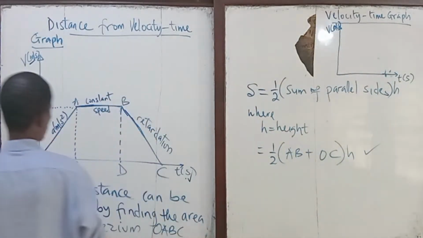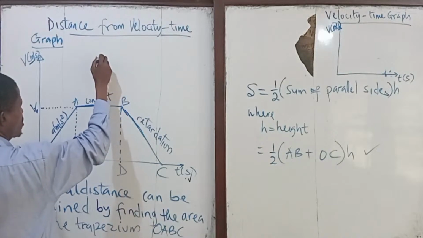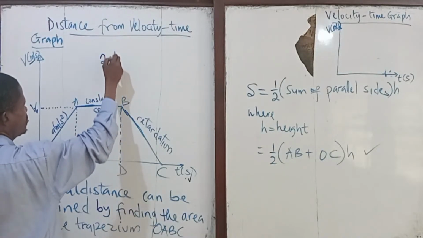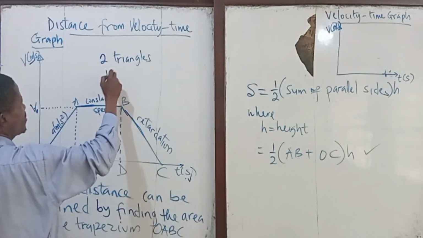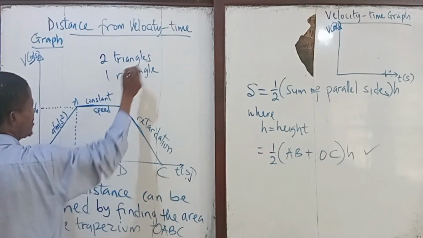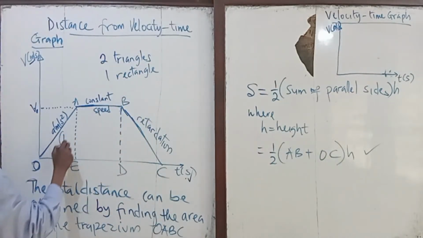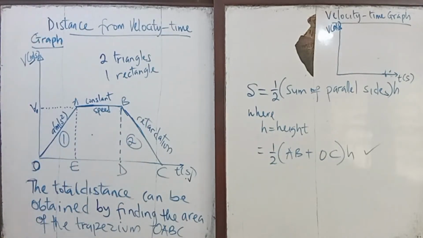A trapezium could be made up of two triangles and one rectangle, as is the case in this question. Two triangles and one rectangle, that will make your trapezium.